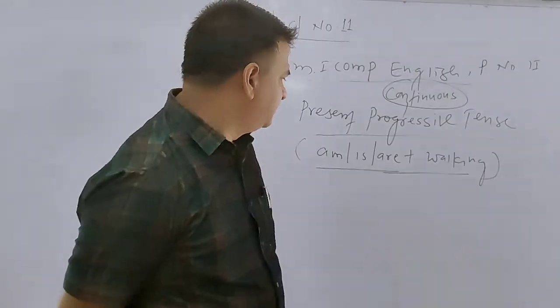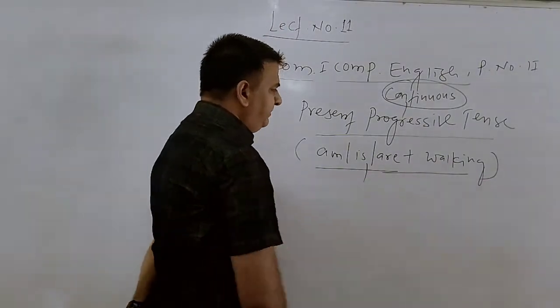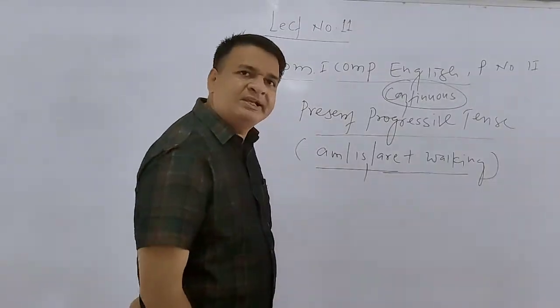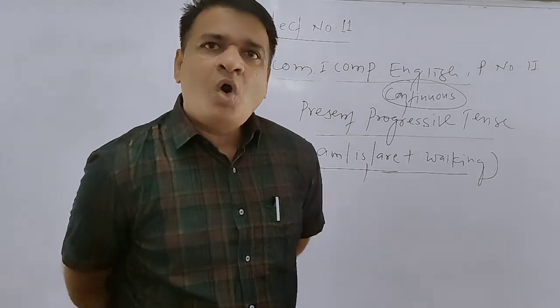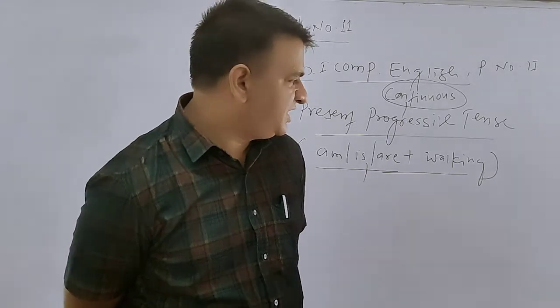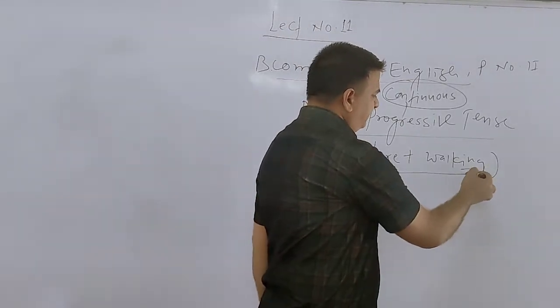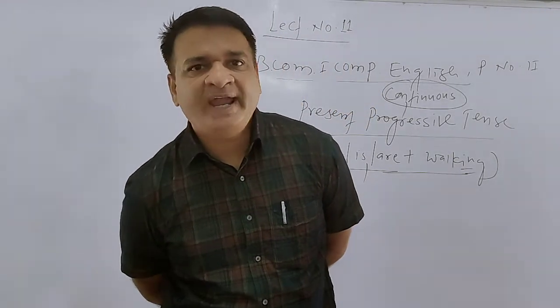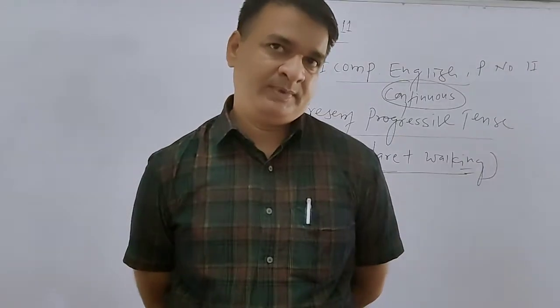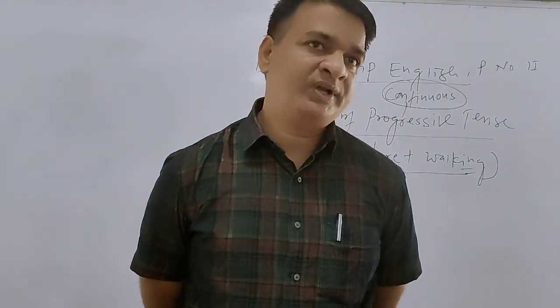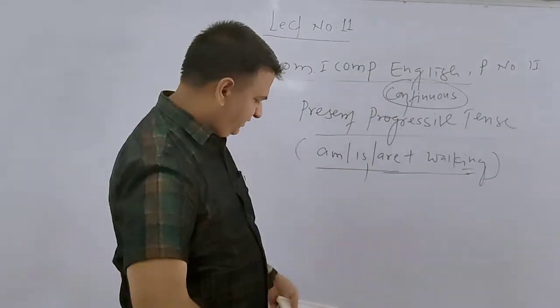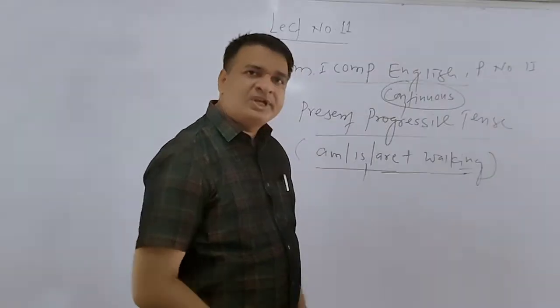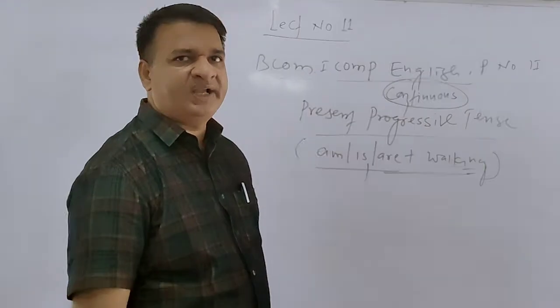And here to be is the helping verb: am, is, are plus क्रियापदाचं चौथं रूप, म्हणजे वॉकिंग, टॉकिंग, ing लागणारं जे रूप असतं ना, त्याला आपण चौथं रूप म्हणतो, which shows the action's progress. Action is in progress.